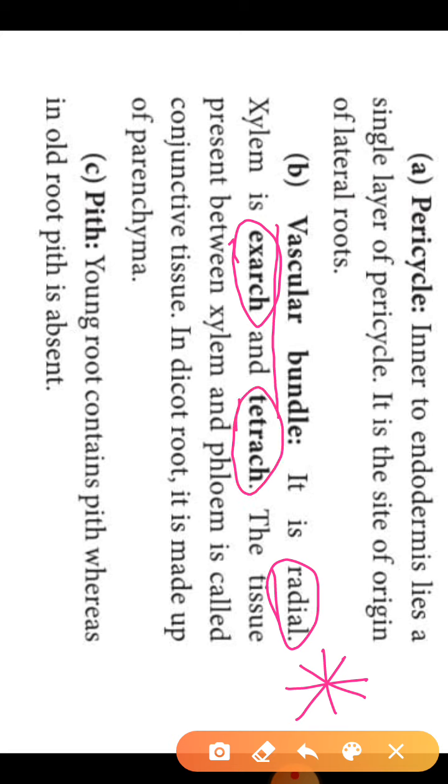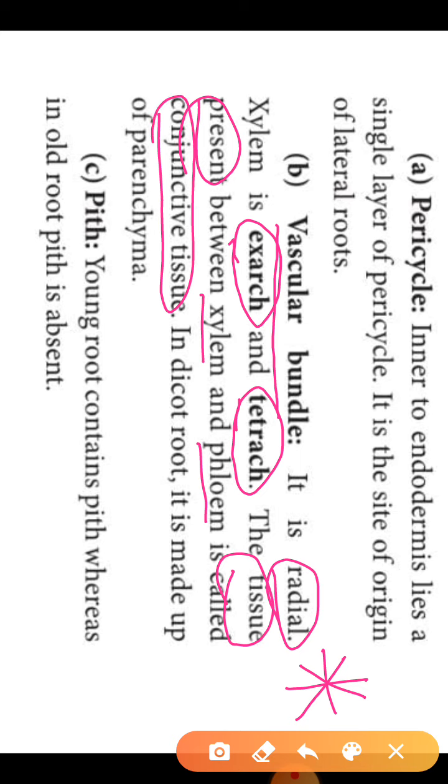Already last class we learnt about exarch, endarch, tetrarch. Between xylem and phloem, many tissues were present. Those tissues are called conjunctive tissue.